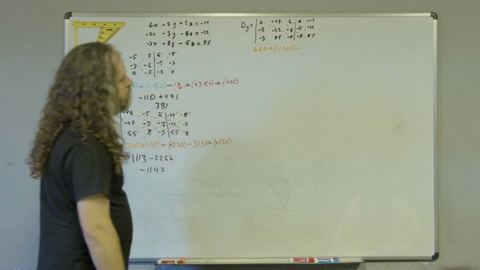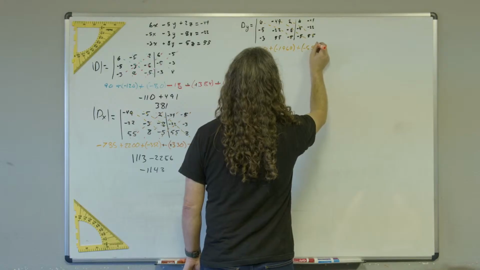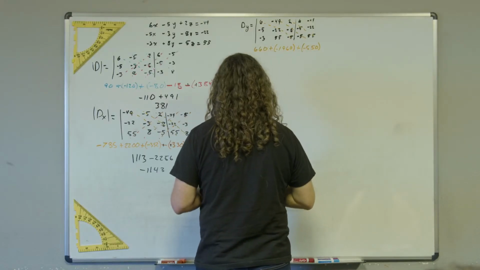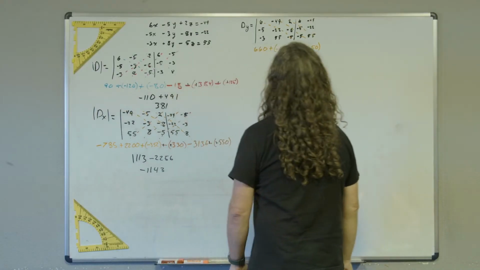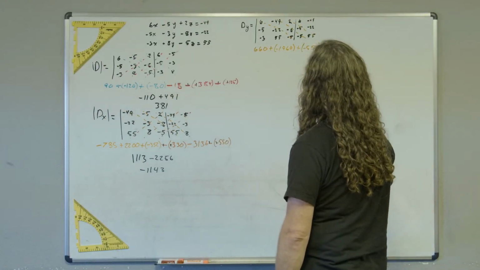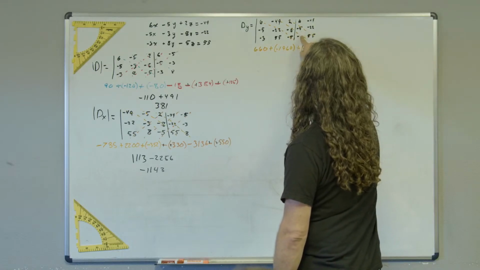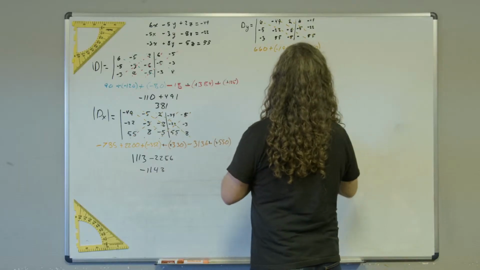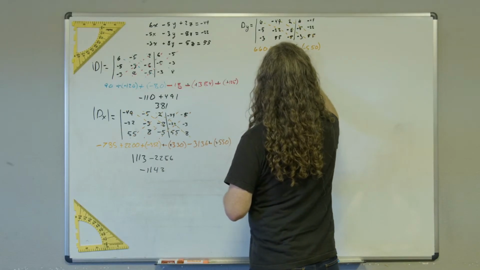Negative 550. Agreed. You wrote it down wrong. I think the bottom one's supposed to be a 3. Oh, yeah, it is. And then it'd be 1,176. 1,176.